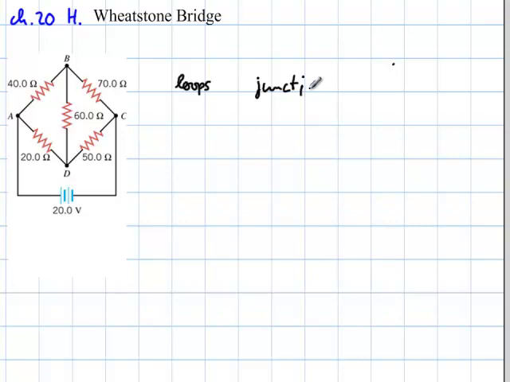Those variables would be the currents that flow through each one of these resistors. So we have 5 unknowns, one for each current. Once we multiply it with the resistance, we get the voltage. So we have 5 unknown currents or 5 unknown voltages, either way. It's not that we have 10 unknowns, we have 5.